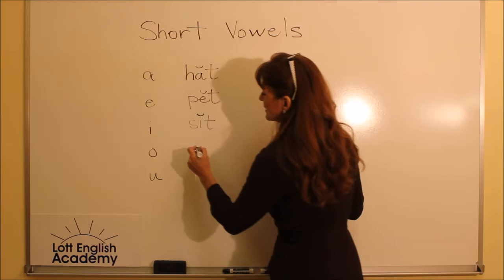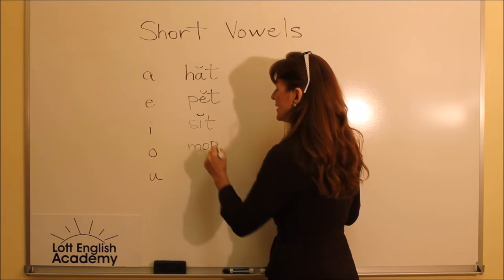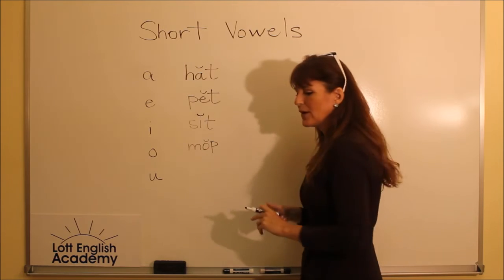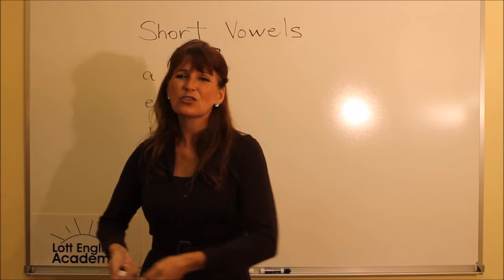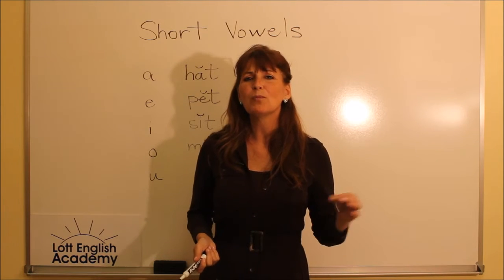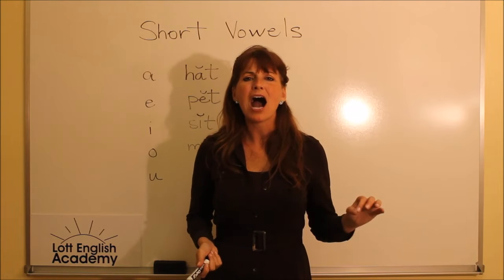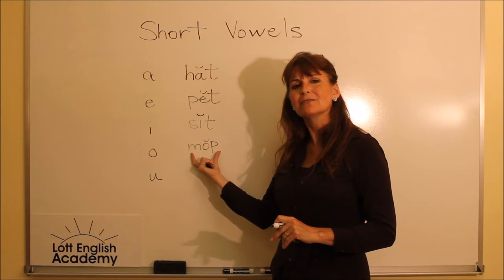And I'm going to give you an example that maybe you know. If you clean the floors where you live or somewhere else with water, and you make the floor wet and you clean it, that's called to mop, right? To mop the floor, M-O-P, mop, mop. This is a short O sound.